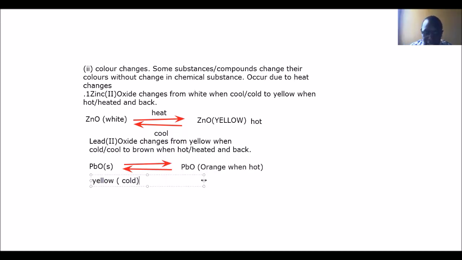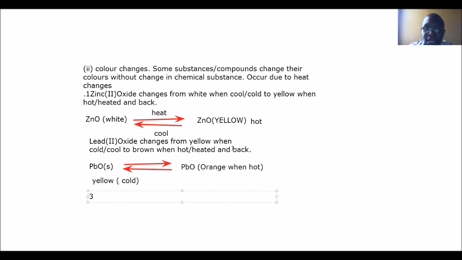So that is an example of a reversible physical change. So the forward reaction, we are subjecting the reactant to temperature rise. Then the backward reaction, we are subjecting the substance to low temperature. That is why we will have now this change.